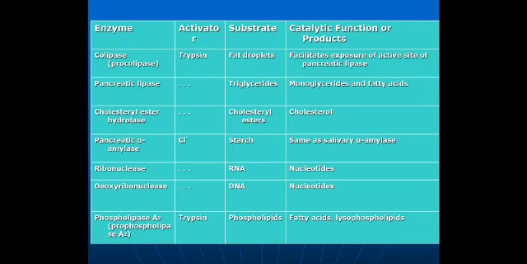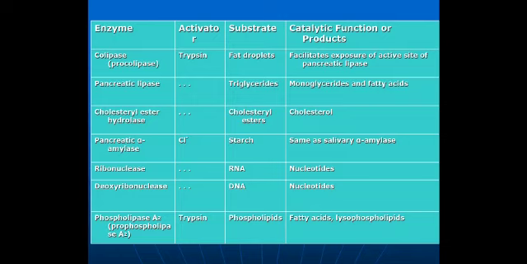The pancreatic lipase converts the triglycerides to monoglycerides and fatty acids. There are cholesterol esters. These are lipolytic. The lipolytic enzymes are colipase, pancreatic lipase, and cholesterol hydrolase, which break down fats.